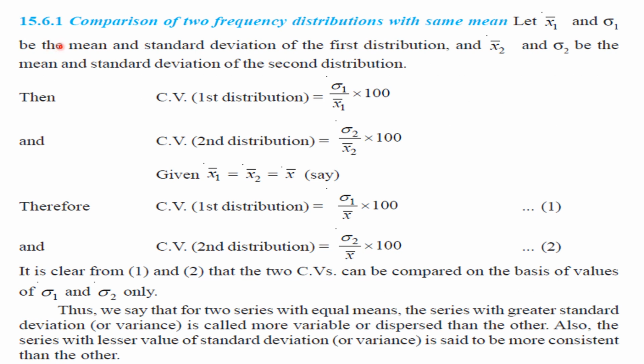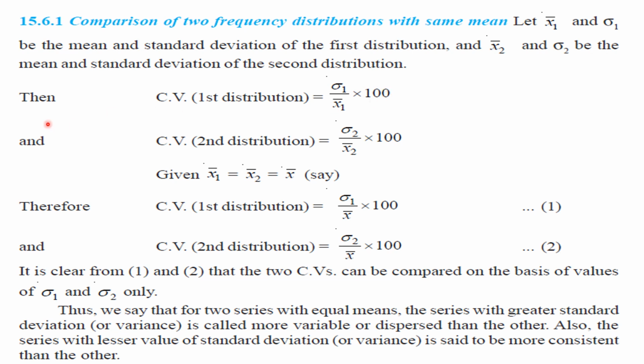In this point, we are discussing comparison of two frequency distributions with the same mean. Okay, my children. Let x1 bar and sigma 1 be the mean and standard deviation of the first distribution, and x2 bar and sigma 2 be the mean and standard deviation of the second distribution.